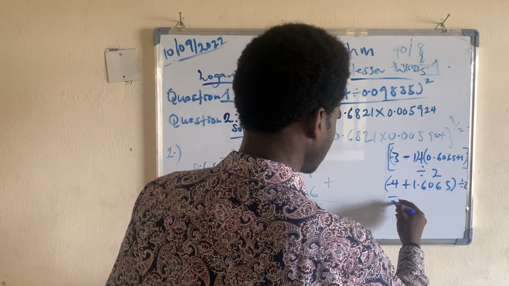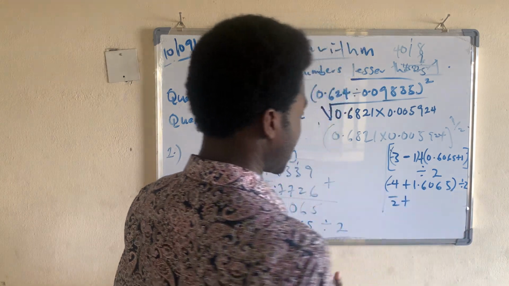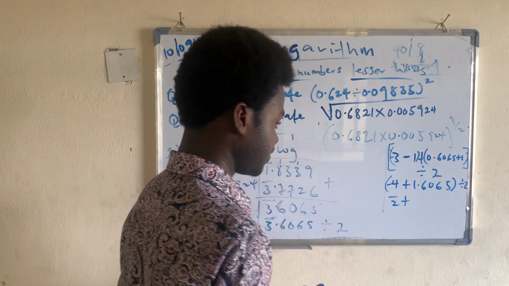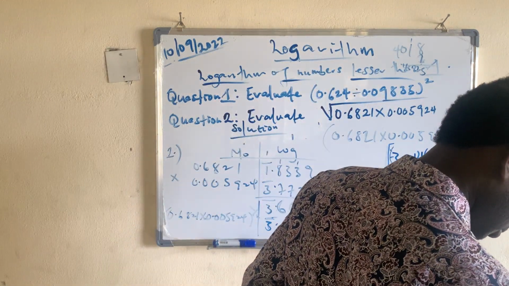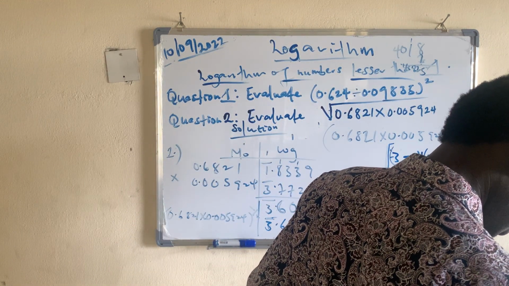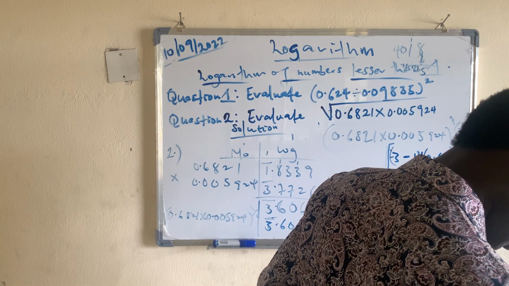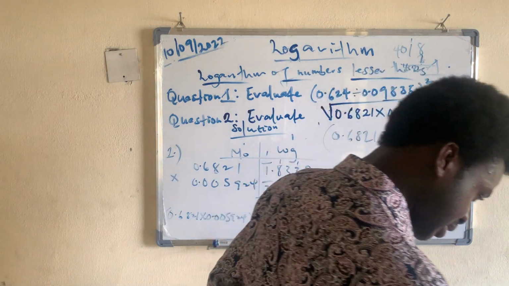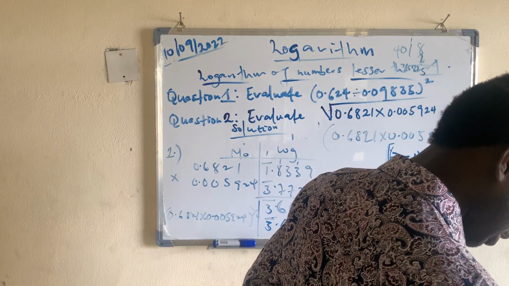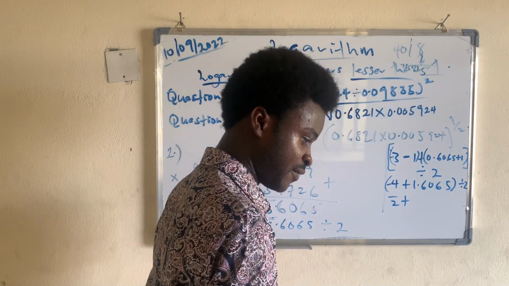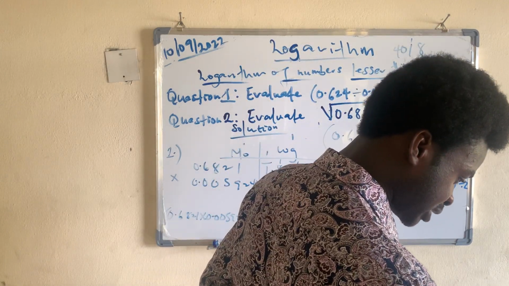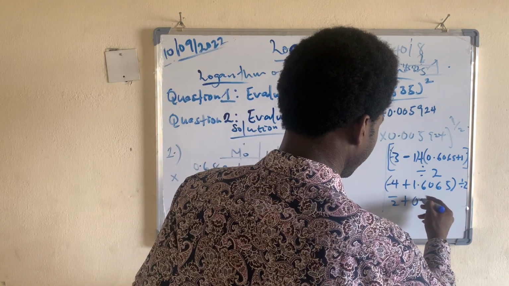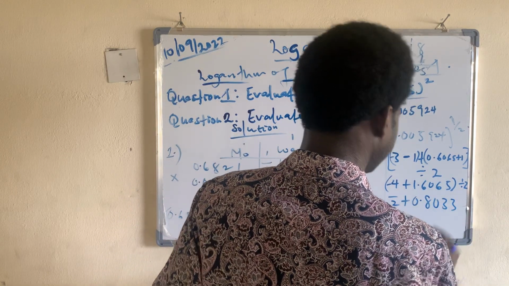So what I have is bar 2 plus, so I will punch this in my calculator, 1.6065 divided by 2, and that gives me 0.80325, but I will have to round that up to 0.8033.